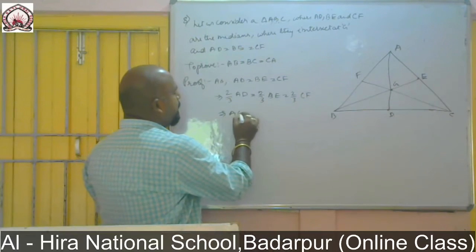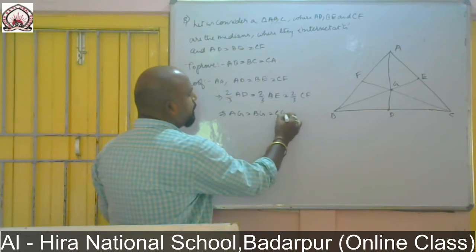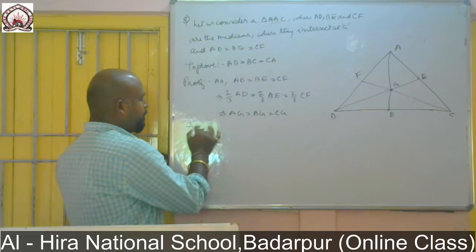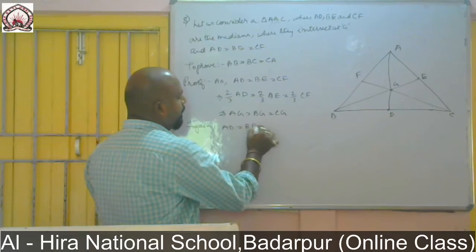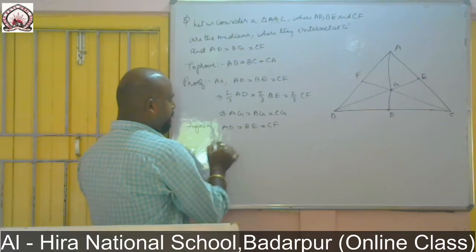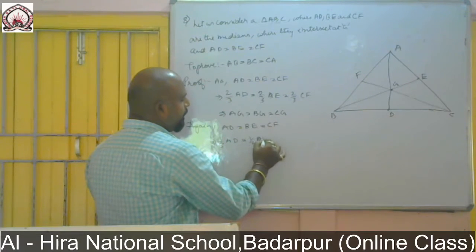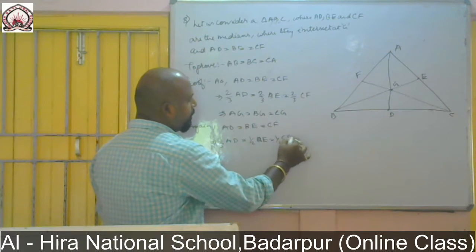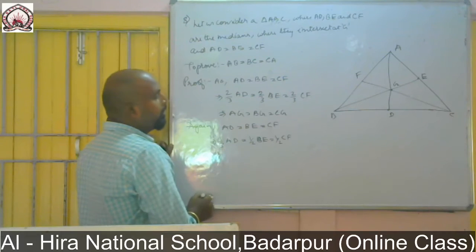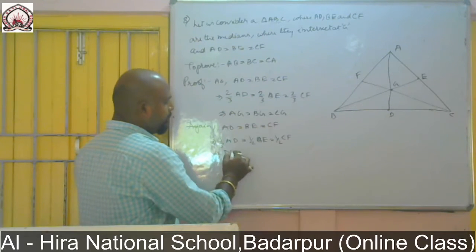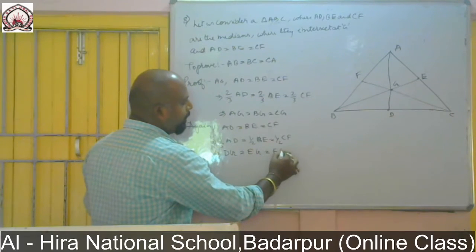Implies AG equal to BG equal to CG. Again, AD equal to BE equal to CF. If I multiply with 1/3 of BE, 1/3 of CF, then this is what we are getting. So this is equal to DG equal to EG equal to FG. Okay.